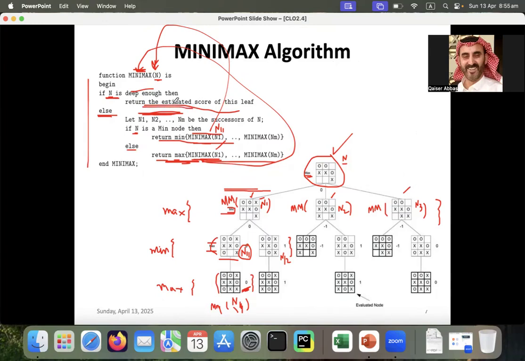Return this estimated score. It means the score will be returned and you will go out of this algorithm. So this minimax will be finished and you will have the value 0. And you called this in the previous step. This is the calling of the minimax algorithm. So this value will go to the previous step.